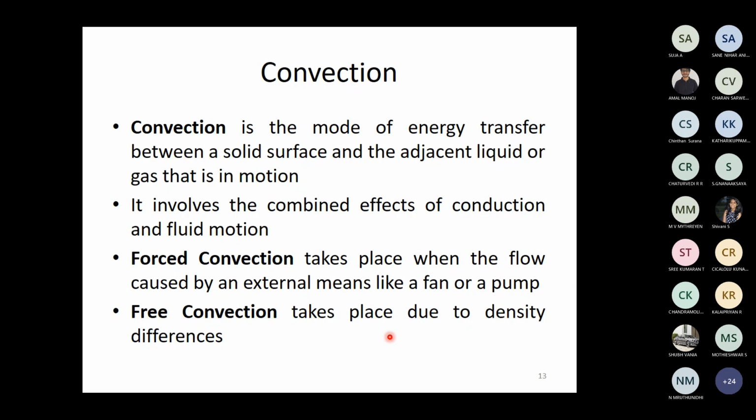Because of this, there are buoyancy forces involved in free convection, and therefore, in general, free convection takes place in the absence of an external device. We go for free convection when we don't have the space or the provision to include an external device like a fan, a pump, a blower or a compressor.